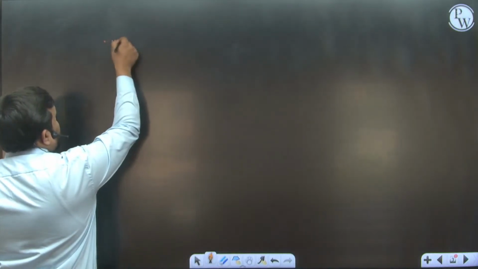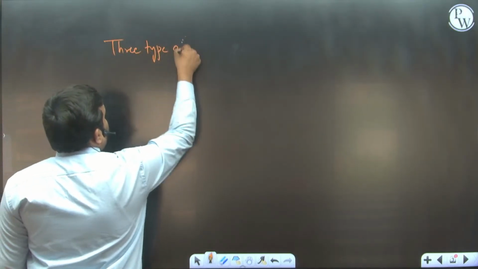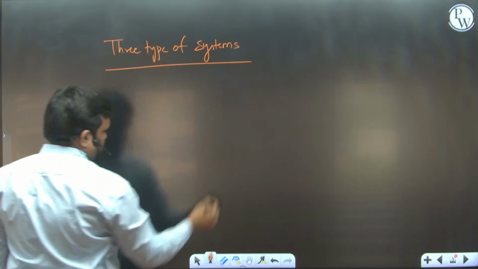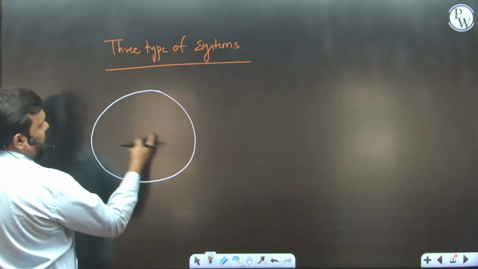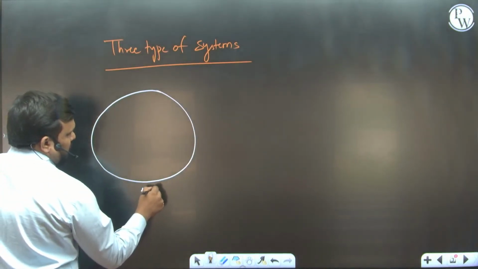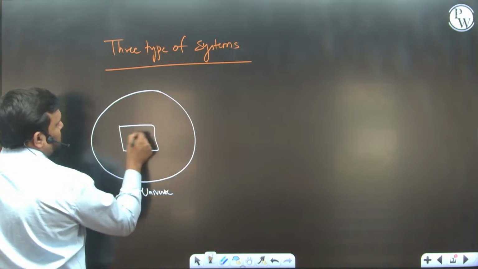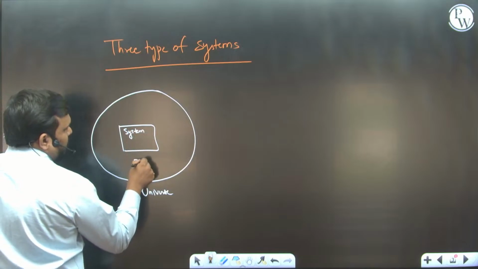So basically there are three type of systems we are having. So let us have this as our universe, and in this we are having this system and surrounding.